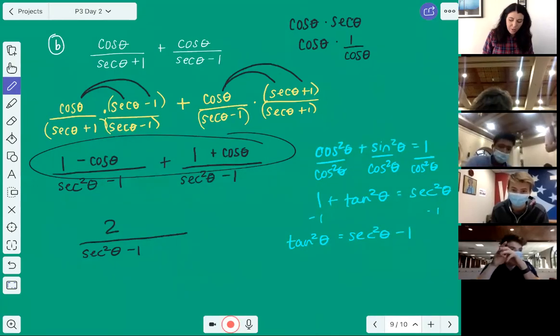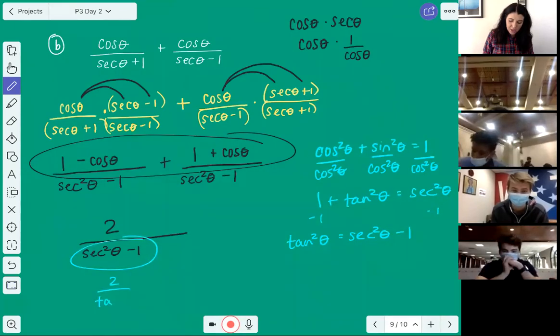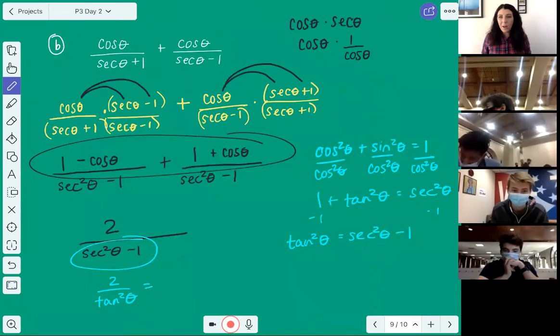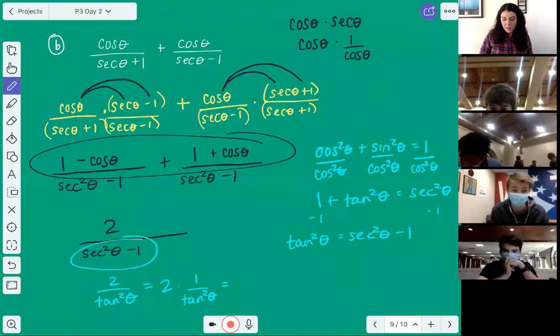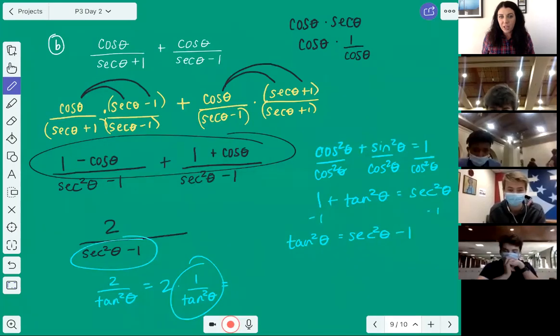Fantastic. So I can replace secant squared minus 1 with just tangent squared. And I can do one more thing to simplify this, because really this is 2 times 1 over tangent squared. So Ty, what would be your final way to simplify this? I actually don't know. What's 1 over tangent?